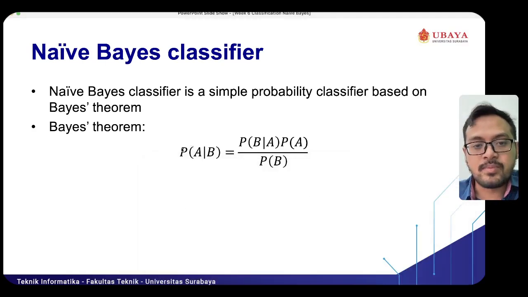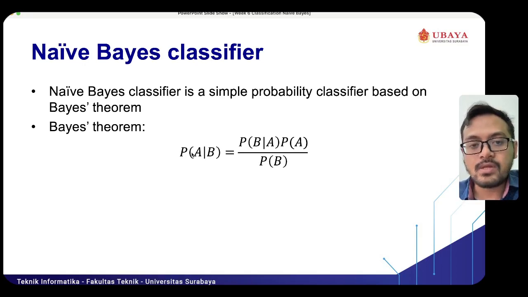Based on Bayes theorem, for calculating this probability we can use this formula: P(B|A) multiplied by the probability of A, it means the number of A, and divided by the probability of B. You don't need to be confused about this. We will see the example when we have some cases, and we will calculate with Bayes theorem.